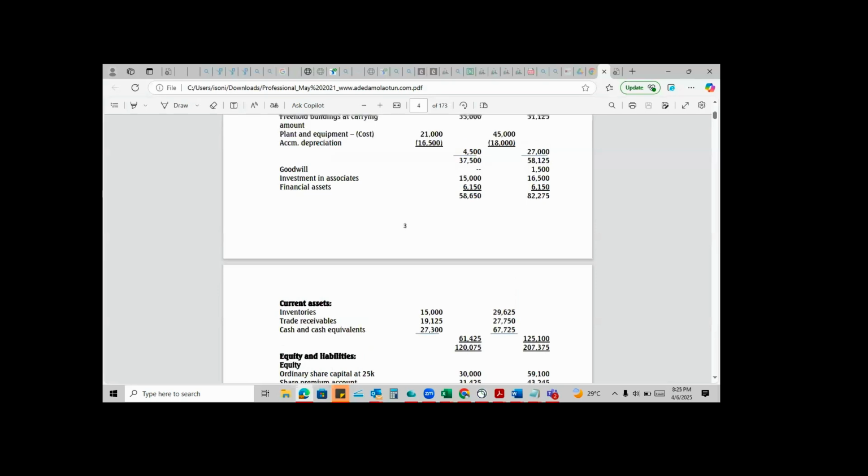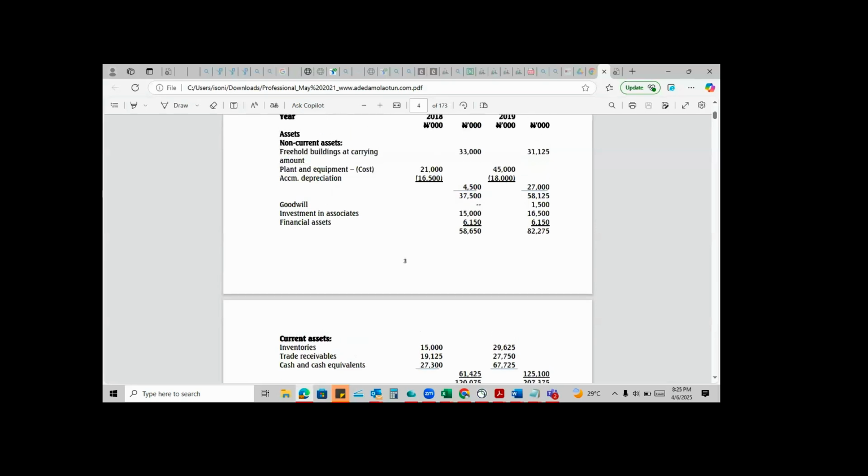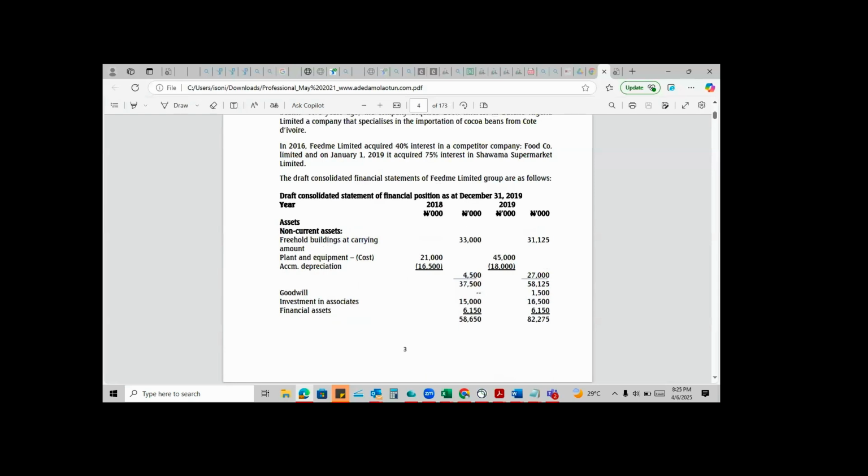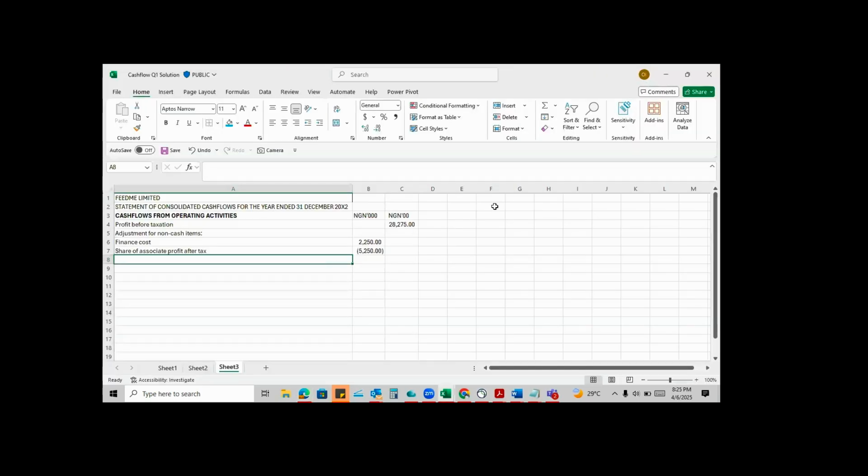And what is that? No other thing than depreciation. So let's look at the freehold building. We can see that the balance reduced from 33 million to 31.125 million. So this reduction must have come from depreciation.